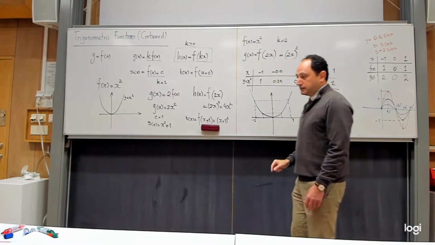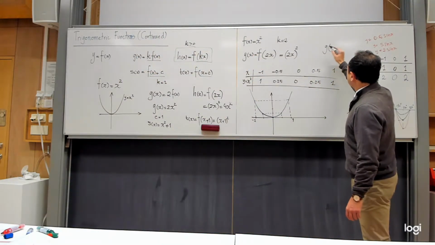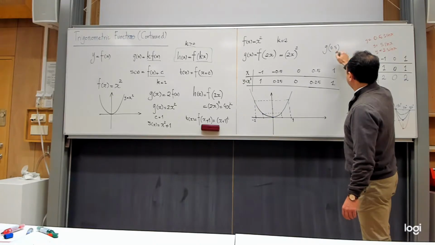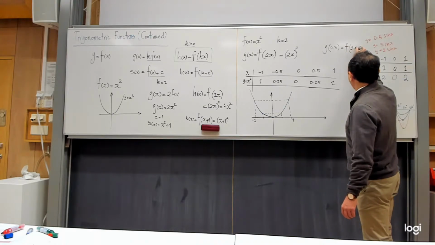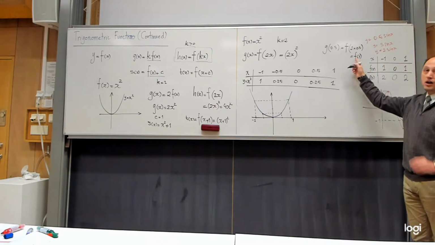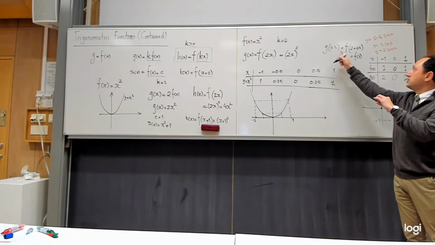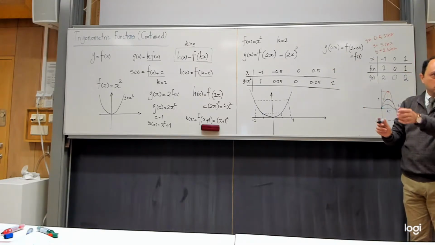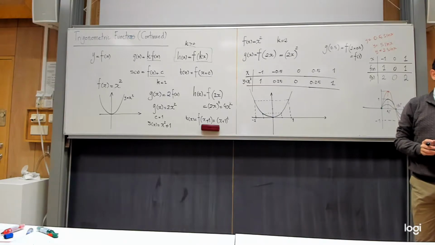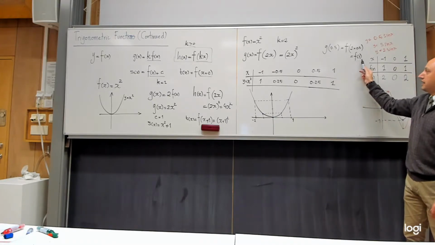If I ask you what is g of 0.5, g of 0.5 is exactly the same number as f of 2 times 0.5, which is actually f of 1. Yes? So f reaches some height when x is 1, but g reaches to the same height when x is 0.5. Is that understandable? Because g at 0.5 is the same number as f at 1.